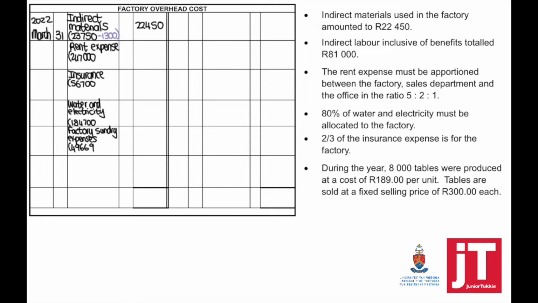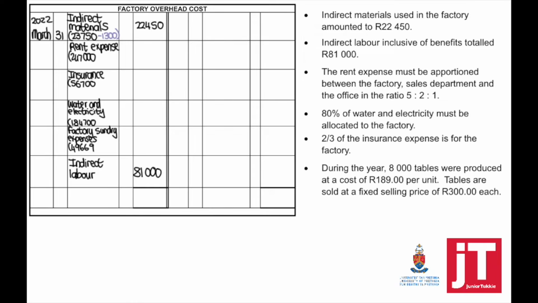We need to know what was the total expense for this accounting period. Then it says indirect labor inclusive of benefits totaled 81,000. They did not provide us with indirect labor as transactions for the year. This means that we need to add this now to the factory overhead cost, 81,000.